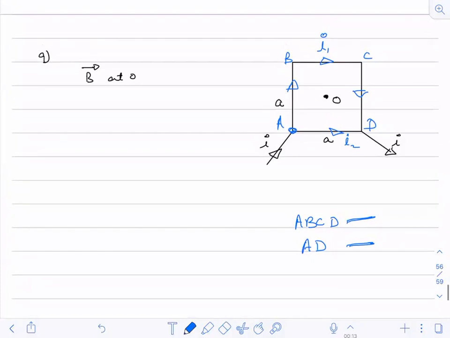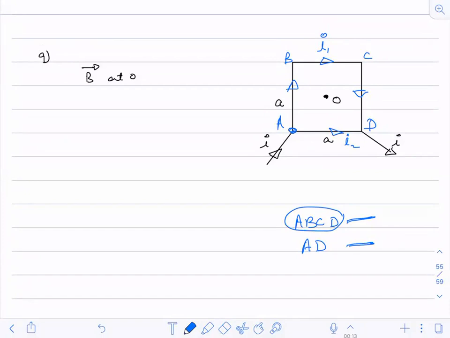See here. Due to A, B, C, D, we are calculating first. What formula will you write for this AB?